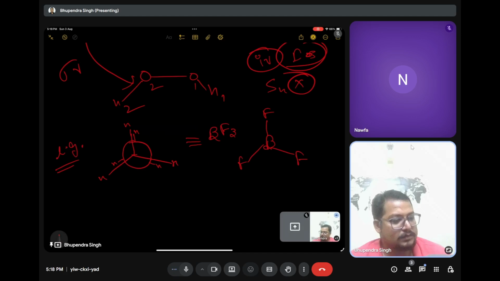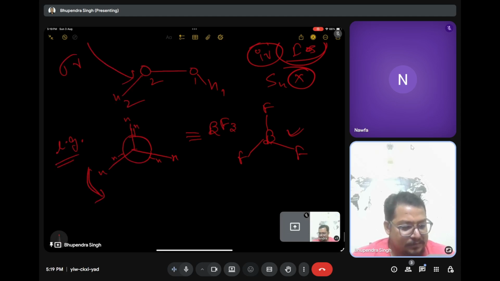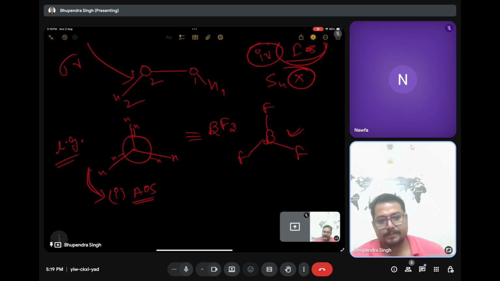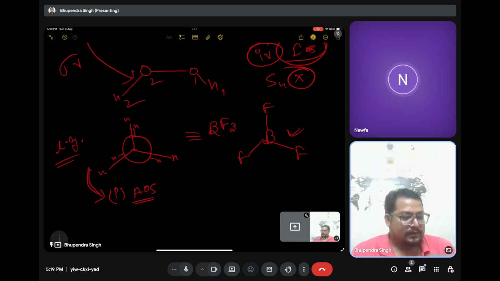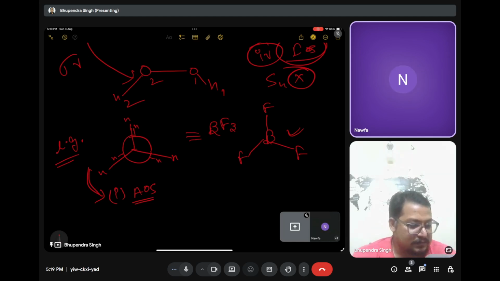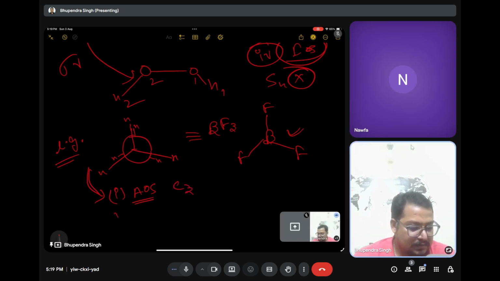Now tell me for this molecule, what elements are present? Let's start from the first one, axis of symmetry. C3, yes, C3 is present.